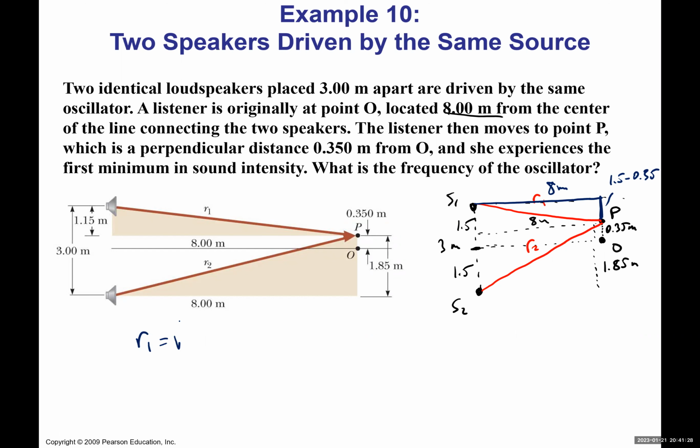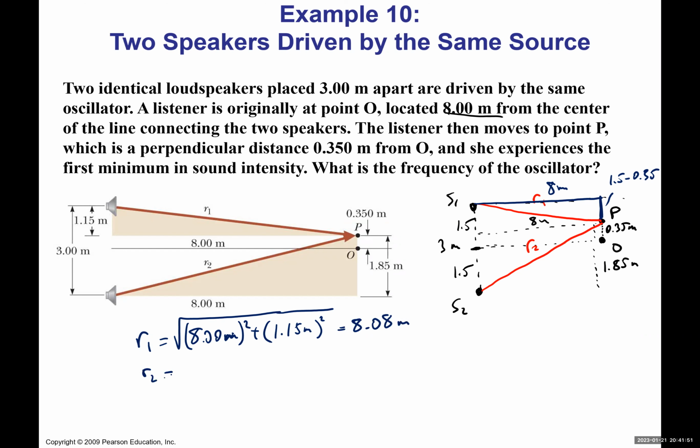So this will be the square root of my adjacent side, 8 meters, and my opposite side, 1.15 meters, squared. We get 8.08 meters. So that's R1.